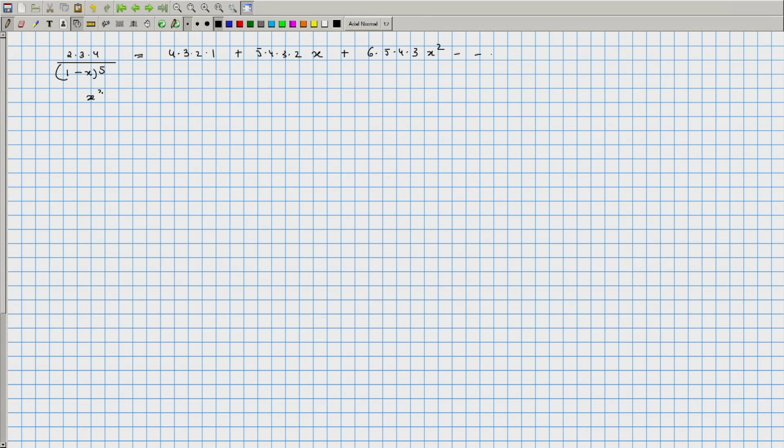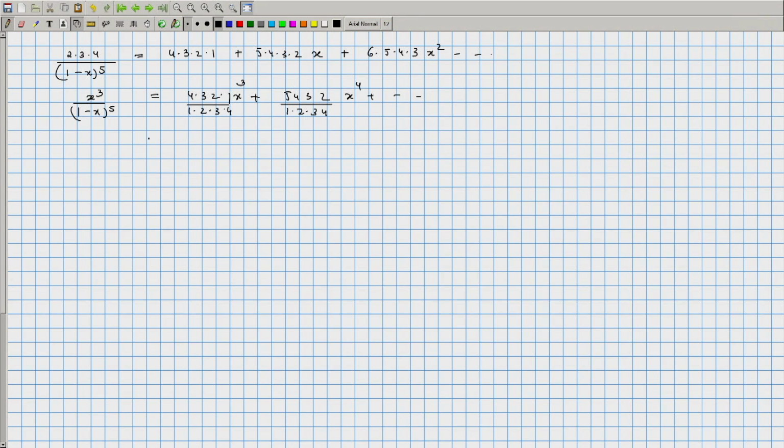Okay. So, if you just multiply by x cube on both sides and divide by 2, 3, 4, what we will get is 4, 3, 2, 1 divided by 1, 2, 3, 4 plus 5, 4, 3, 2 by 1, 2, 3, 4 into, so that will be an x cube into x raised to 4, so on.